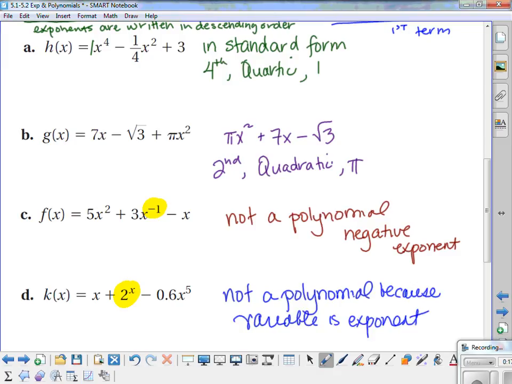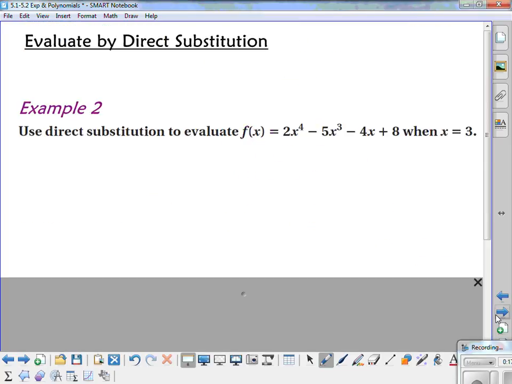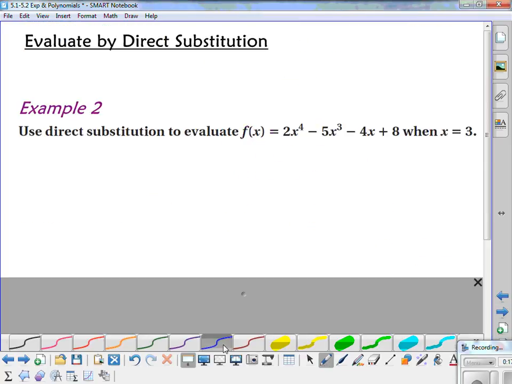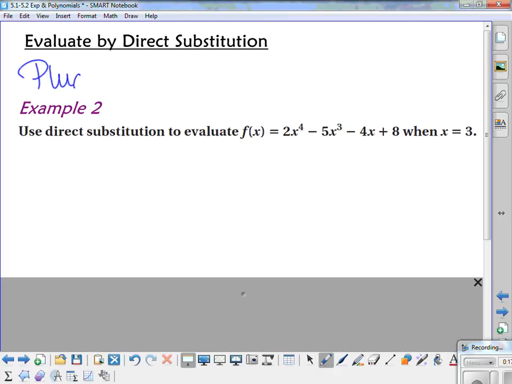Okay, so the last thing that you guys need to know, this is really easy, you already know how to do it. When they say to evaluate by direct substitution, all they're saying is plug it in. So you're going to have some problems tonight where you have to plug in a value for x and figure out what the value of the polynomial is.